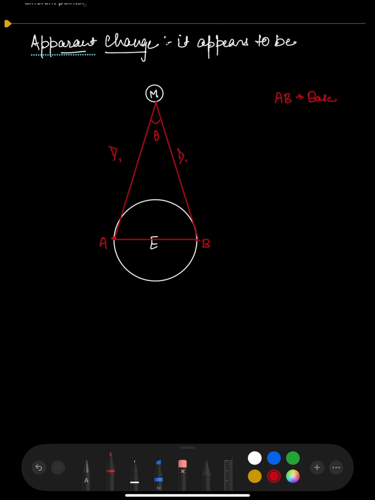Even if you see D1 and D2, we are assuming that D1 is equal to D2 is equal to D. So instead of writing D1 and D2, I will just write D.